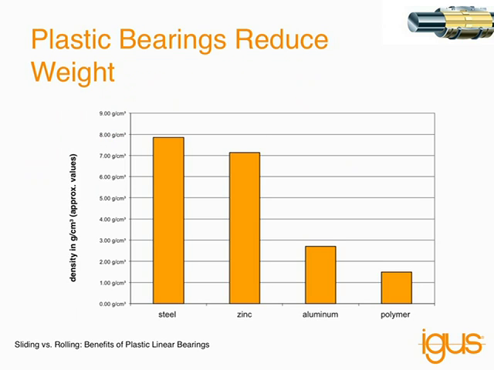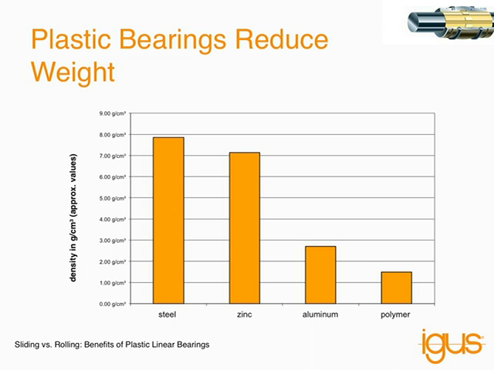A sometimes overlooked benefit that plastic bearings offer versus recirculating ball bearings is their weight reduction when compared to metals. This is important not only for industries where you're trying to save weight, like in the automotive industry or aircraft interiors. It's also important in any application where maybe you have a gantry system and one linear bearing axis is moving on another.